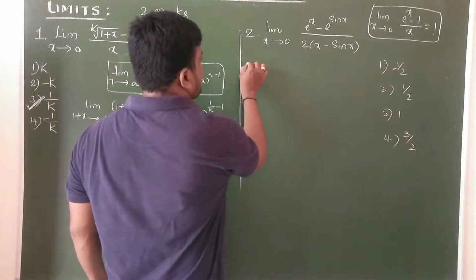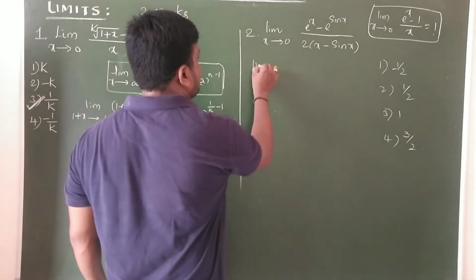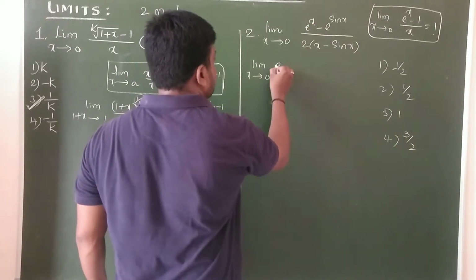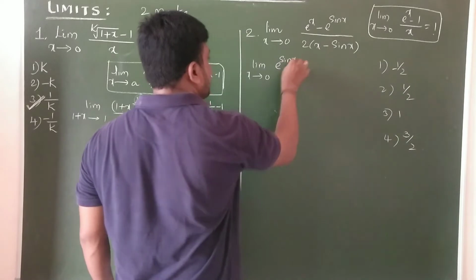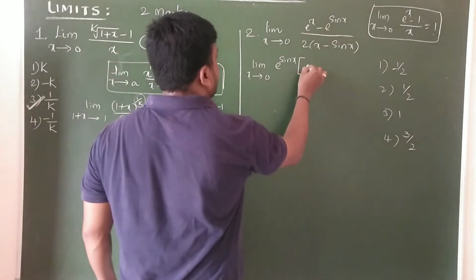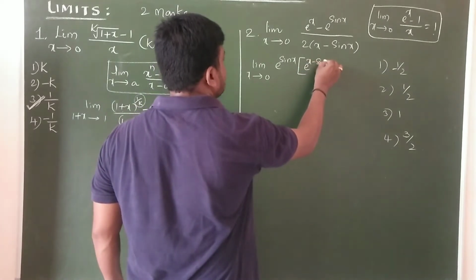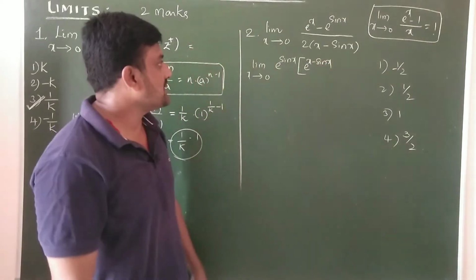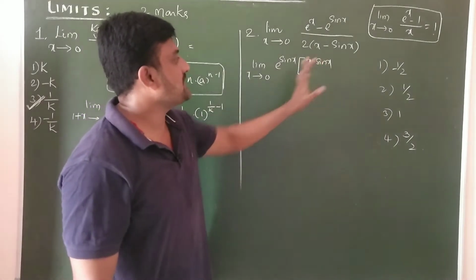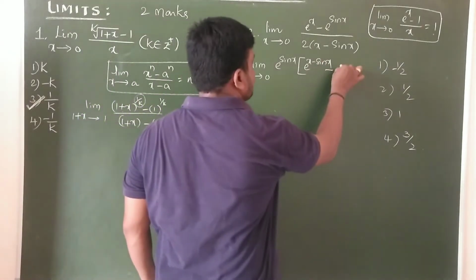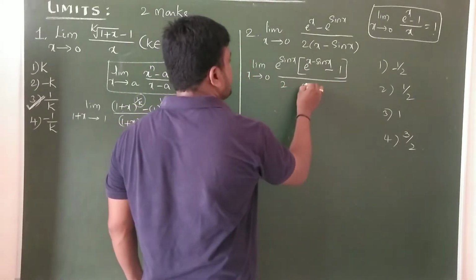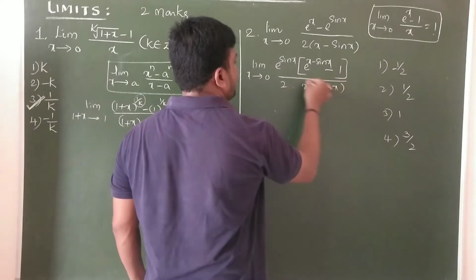Now the solution, limit x tends to 0. Now shall I take common like this, e power sin x is common, and here we have e power x minus sin x, yes or no? Because e power sin x is not there, so that's why e power x minus sin x minus 1, by 2 into x minus sin x.